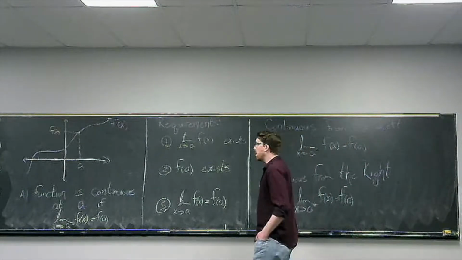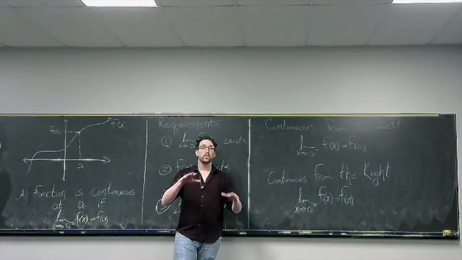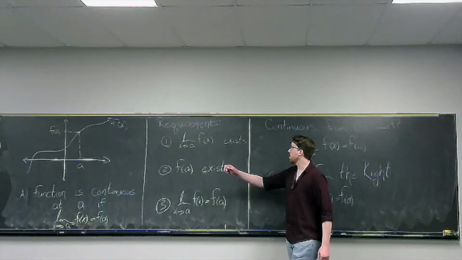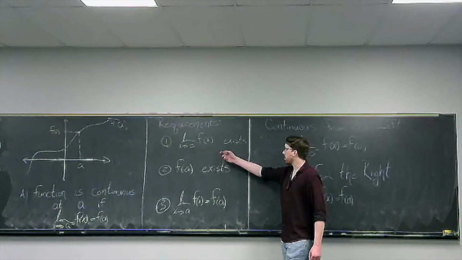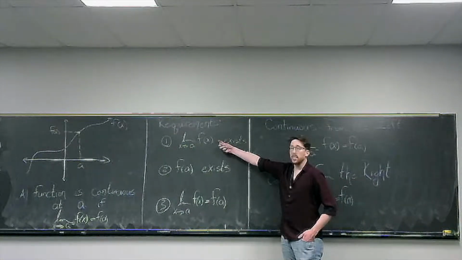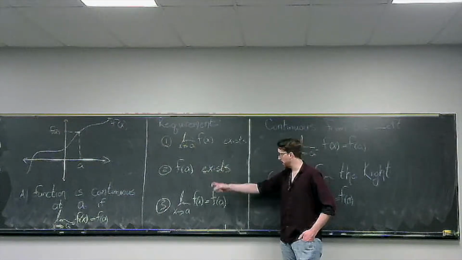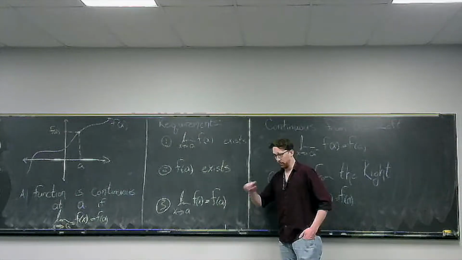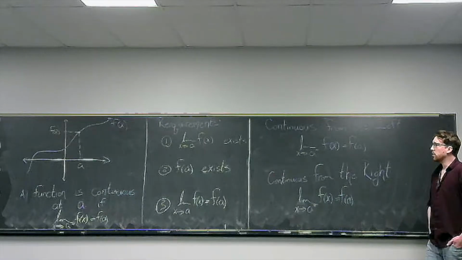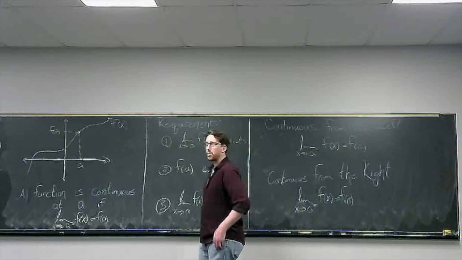Now, in the notes, there is a graph which shows the different types of discontinuities that occur when each of these fail. So when this fails, it has a particular type of discontinuity. When this fails, it's a particular type of discontinuity. And when this fails, it's a particular type of discontinuity. So something to look at would be, again, these 1.8 notes.